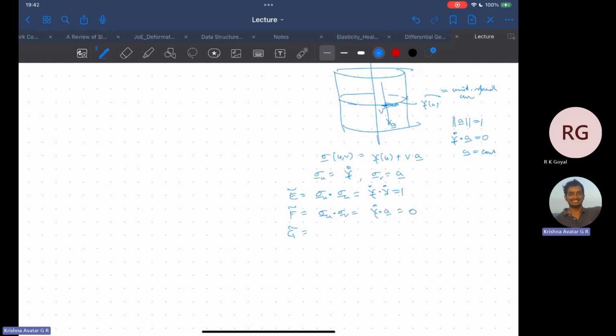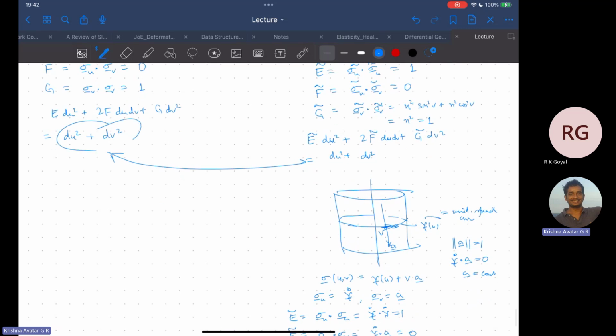And G tilde is sigma v dot sigma v. This is also a dot a, which by construction is 1, right? And so our fundamental form is du squared plus dv squared, and you know that they match. It matches with this.